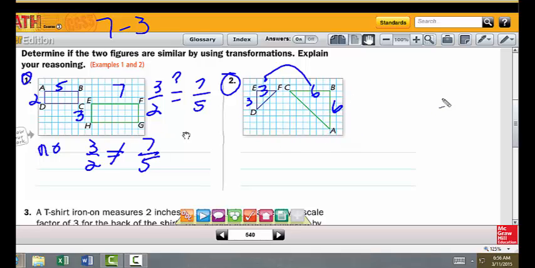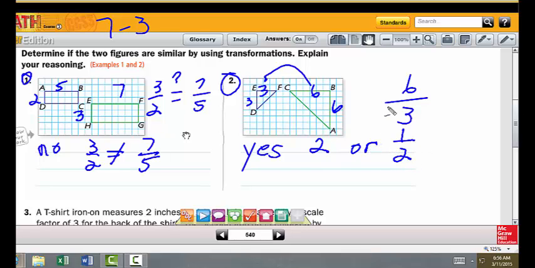So clearly we have 6 over 3, and we would say yes, because corresponding sides are the same ratio, and we could show that it is a scale factor of 2, or if you went the other direction, you could say it was a scale factor of 1/2. Depends on whether you're comparing this. We don't really know which is the image or pre-image, so I would take either answer in that case.